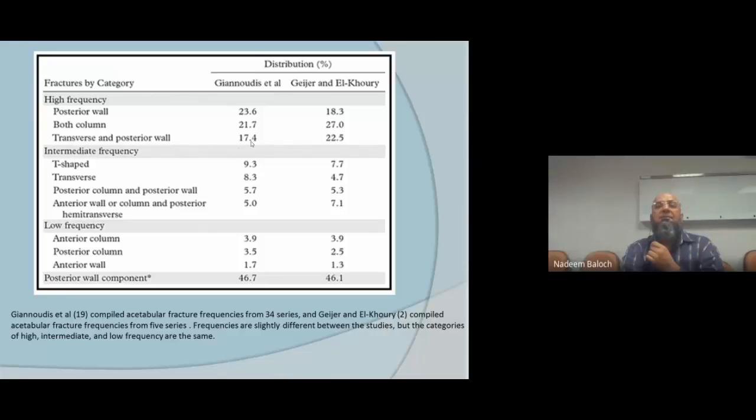So all of them are the commonest ones. Then the less common are T-shaped, transverse, posterior column and posterior wall, anterior column and anterior wall, and anterior column. And the lowest frequency was anterior column, posterior column, and posterior wall. So this is just a brief description of the percentages that we see in acetabular fractures.